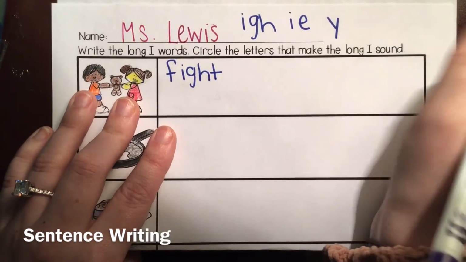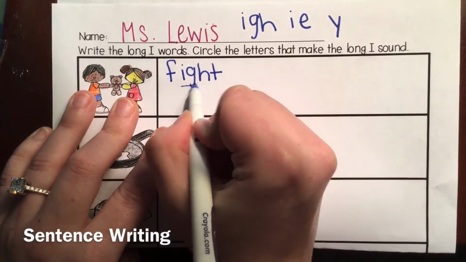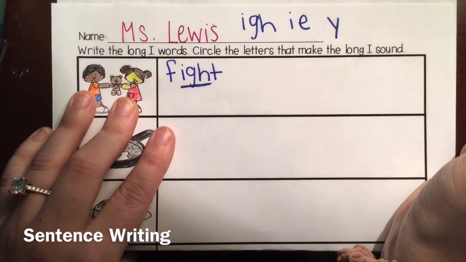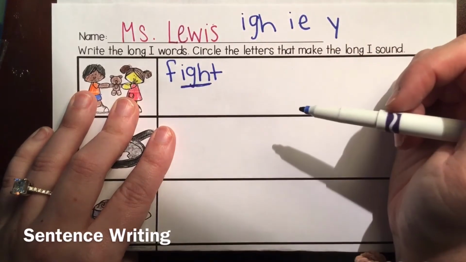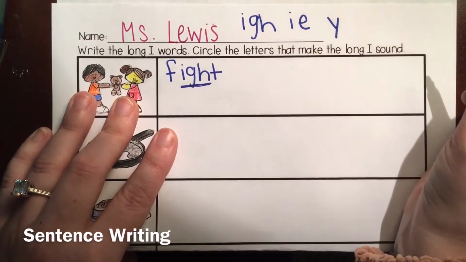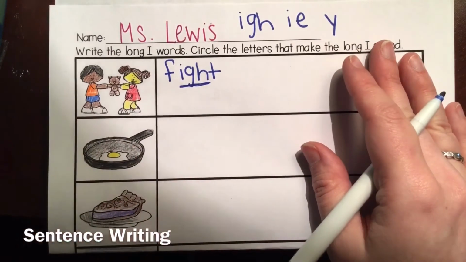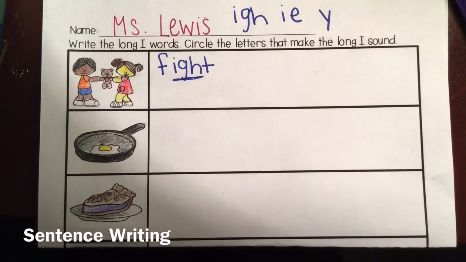So my word is fight, and I'm going to underline that long I sound right there. So there are 3 sounds, 1, 2, 3, but there are 5 letters, and again, that's because IGH makes one sound. Okay, now I'm going to write a sentence using the word fight.